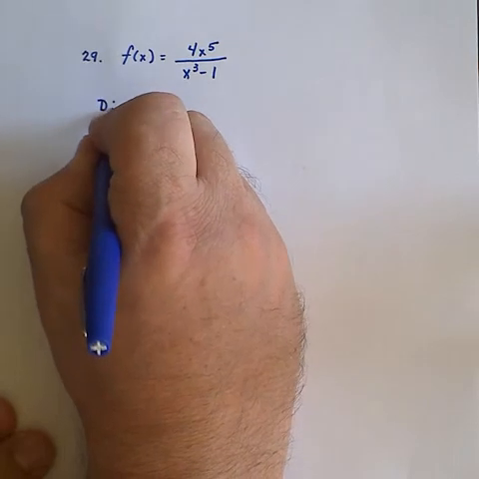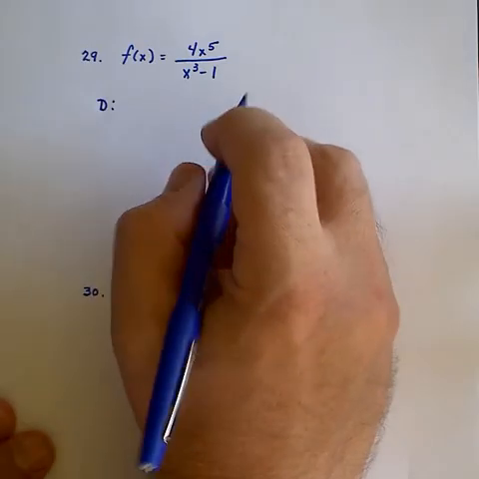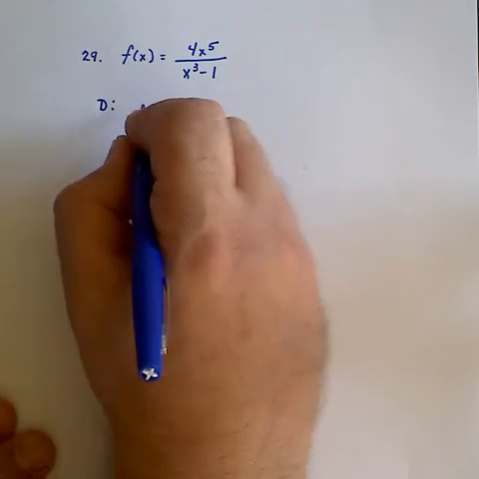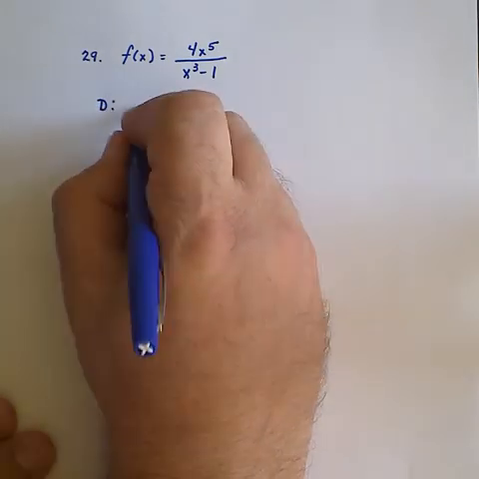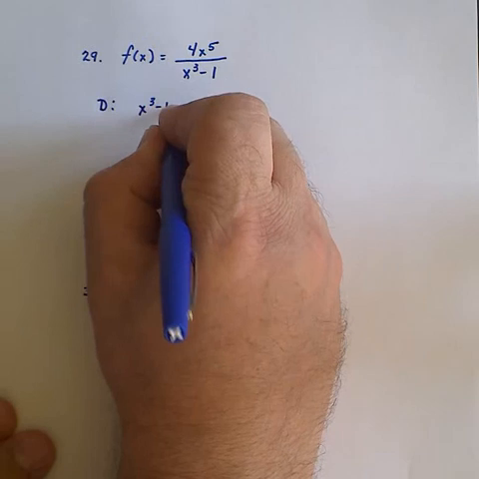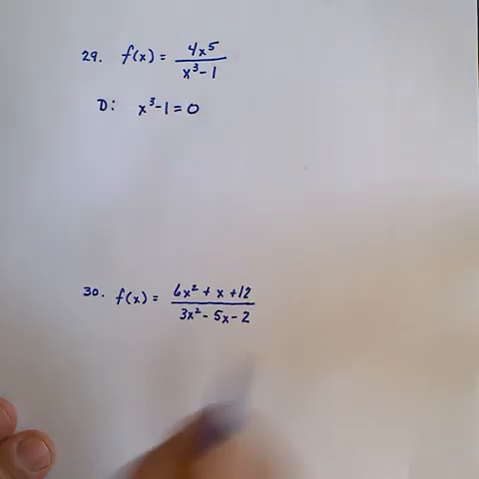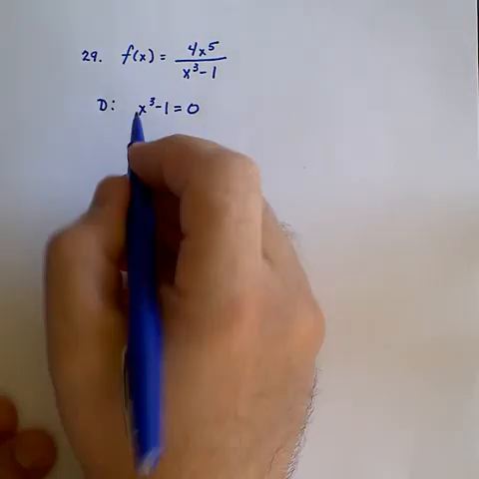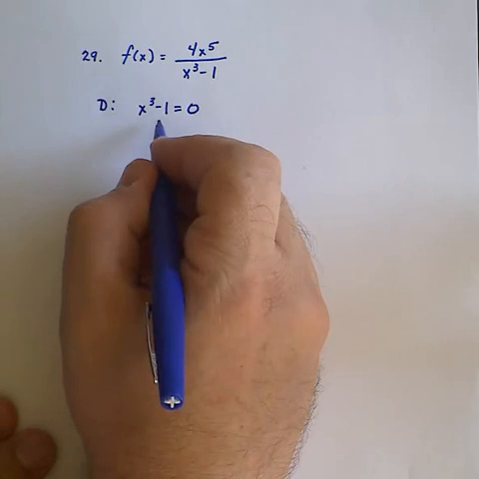So if you remember the first group of questions, to find the domain, you take the denominator and set it equal to 0. Now, this is the difference of 2 cubes.